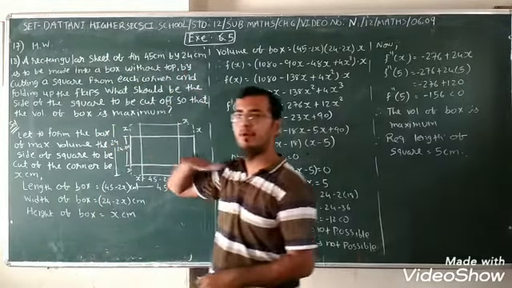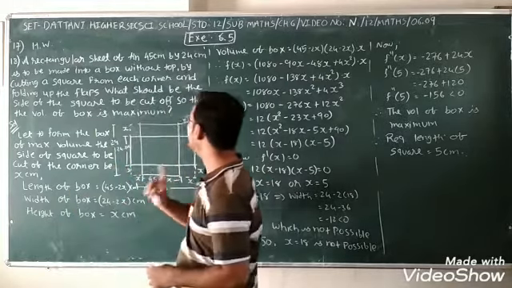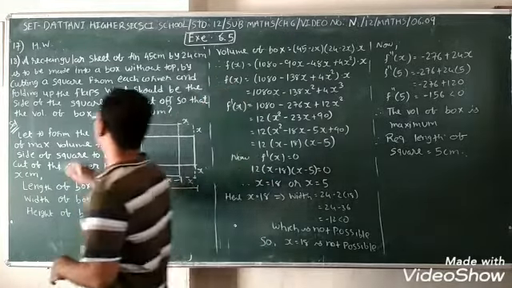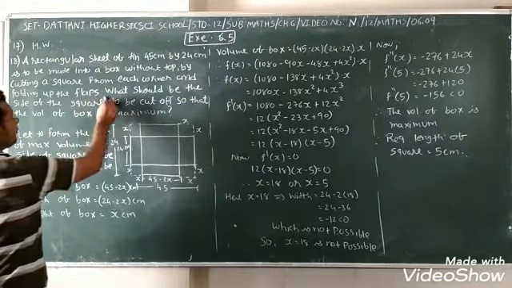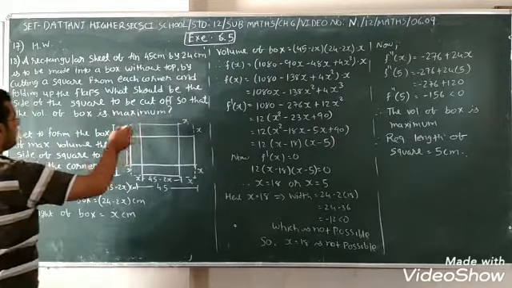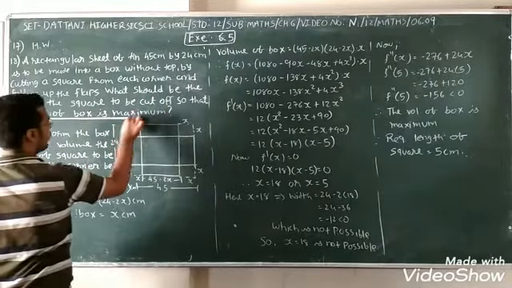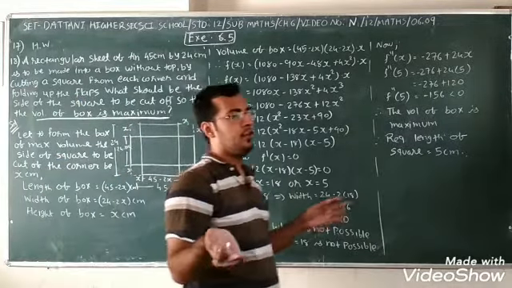Okay, there is an open box, made by cutting a square from each corner and folding up the flaps. What should be the size of the square to be cut off so that the volume of the box is maximum? It means there is the box, an open box.